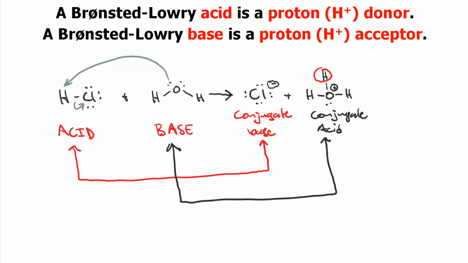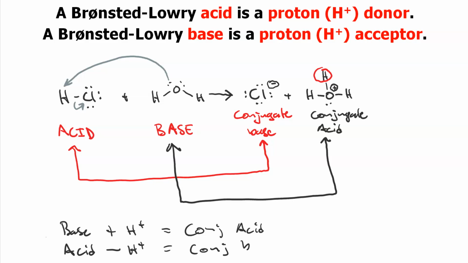These conjugate acid-base pairs are related by a single proton. So, if you take a base and you add a proton to it, you get the conjugate acid. And if you take an acid and you subtract a proton from it, you get the conjugate base.